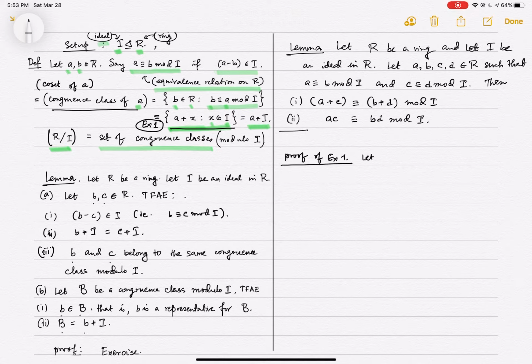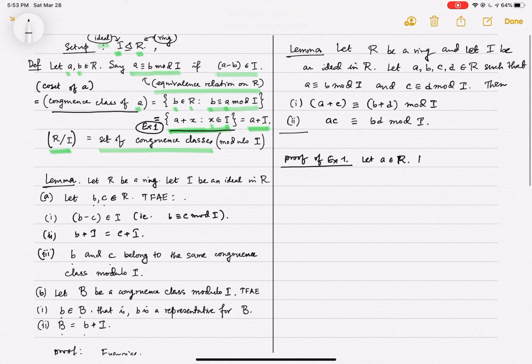So let a be in R, and let capital A be the congruence class of little a. I want to show that capital A is the same as this set a plus I.